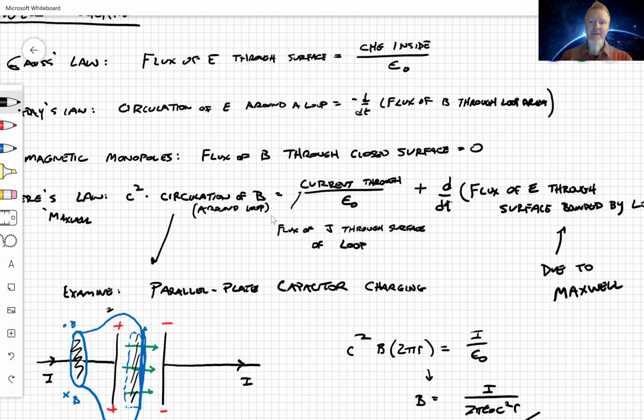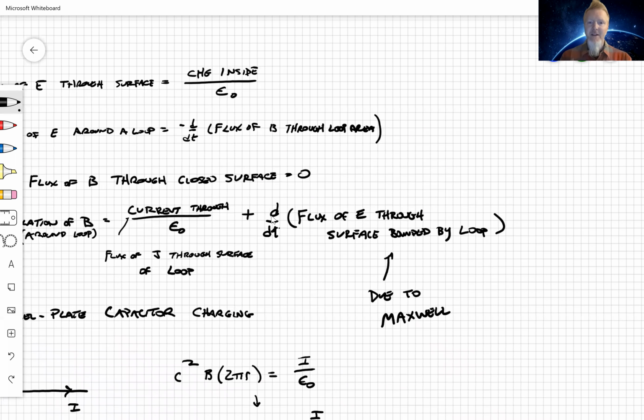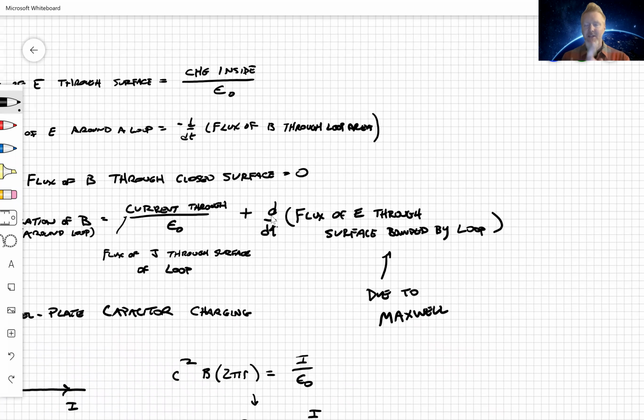So the last piece that I'm going to do here is I'm going to tell you that this flux term is actually so important that this was the term that set into motion the idea in Maxwell's mind of what electric and magnetic fields really do. Okay.